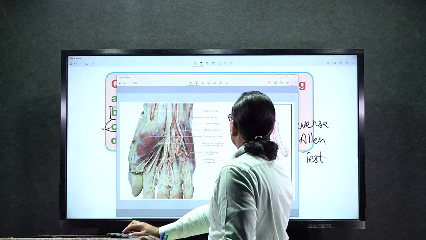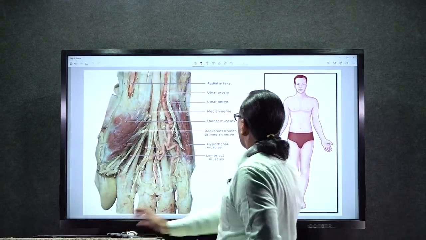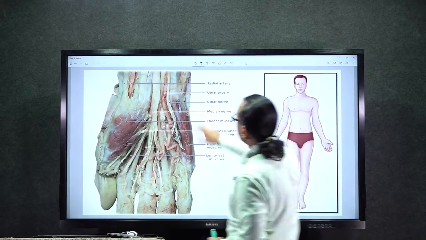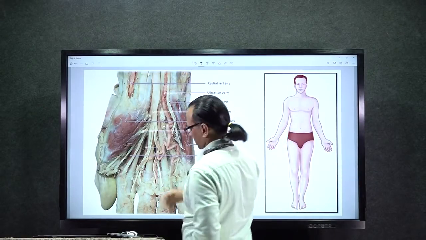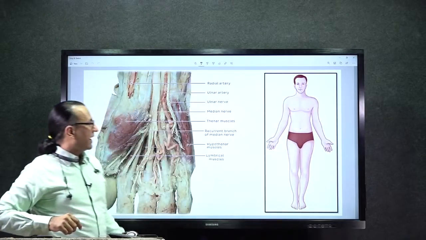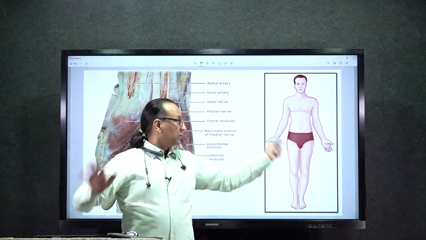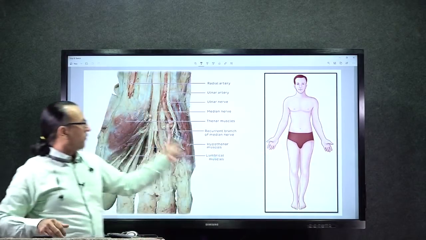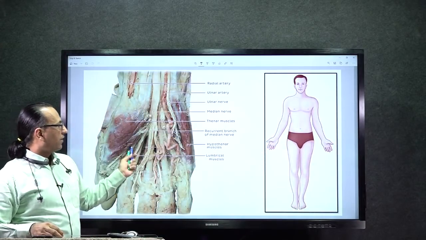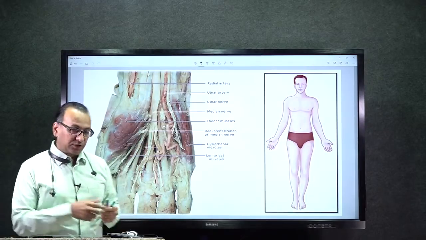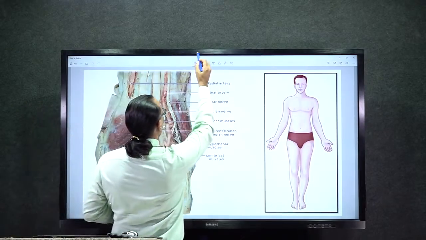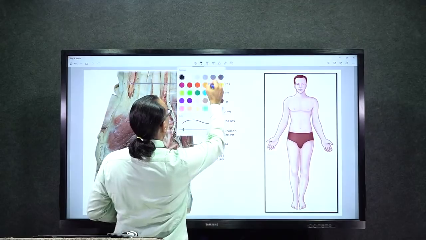this is one dissected specimen, and in that dissected specimen, these days some questions are coming, so you should be able to identify the front view of the right hand showing some relations of the artery and the muscles and also the nerves. So let us discuss the radial artery first.